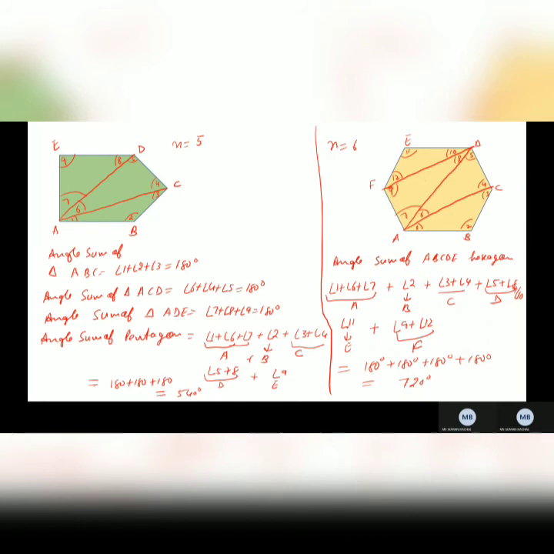Now what will we conclude from this activity? I will show you. For a triangle, when n is equal to 3, the angle sum is 180 degrees, and for a quadrilateral, when n is equal to 4, the number of sides is 4, then the angle sum was 360 degrees.